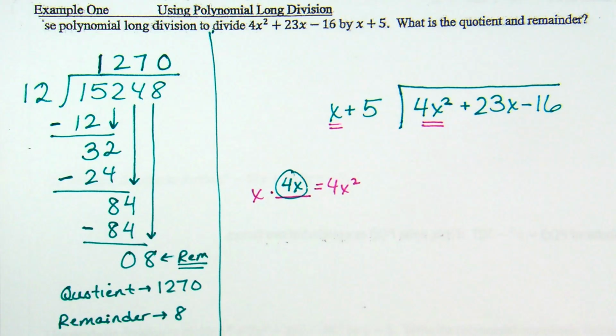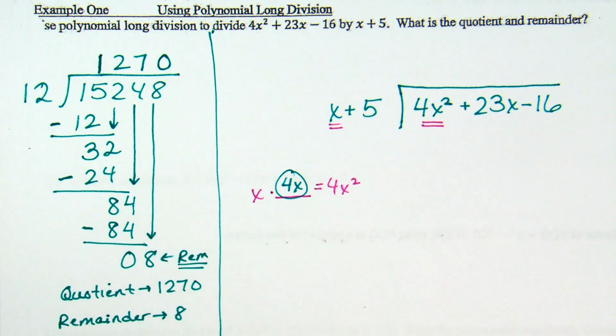If you're a little hesitant on how people got x times 4x is 4x squared, you can also think of it in terms of division. That 4x squared divided by x is that 4x. So it's kind of, however you see it best.